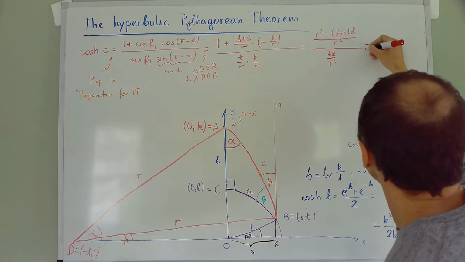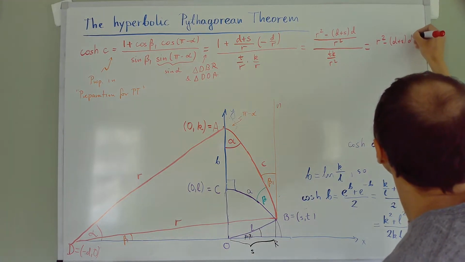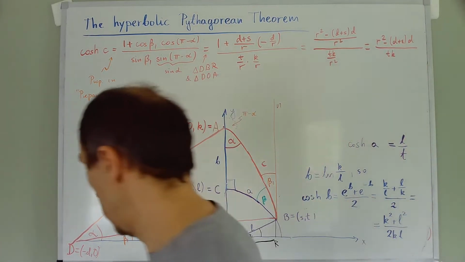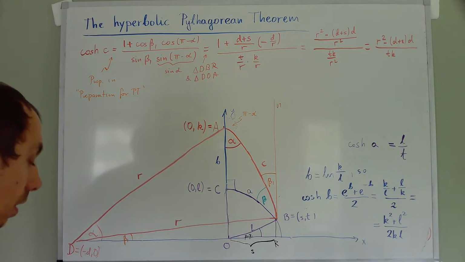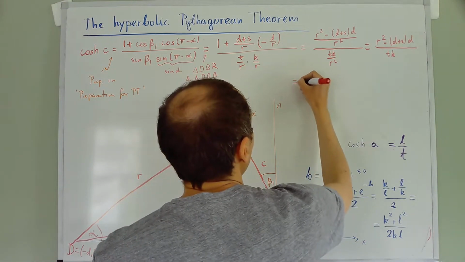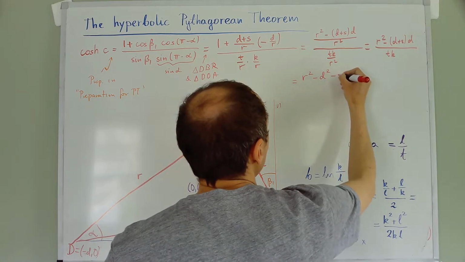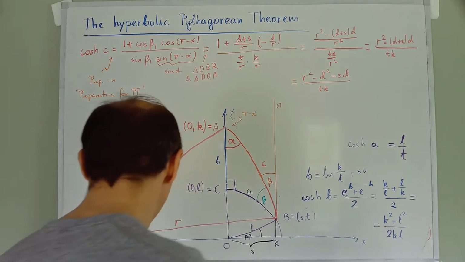So now the r squareds cancel, and I get r squared minus d plus s times d divided by tk. Let's work it out even further. So that's r squared minus d squared minus sd divided by tk.